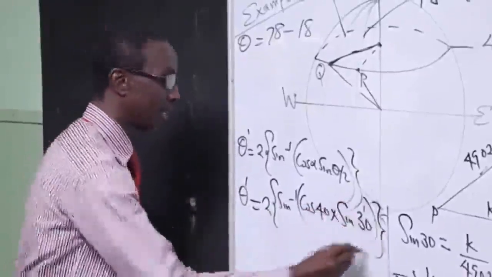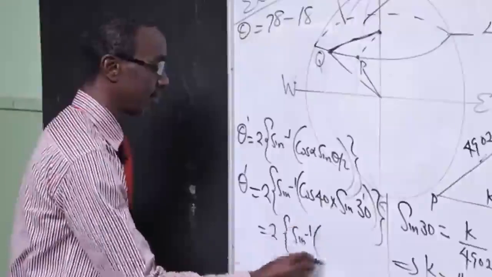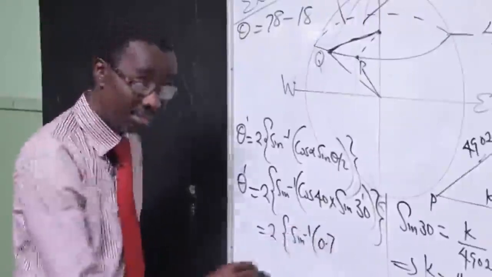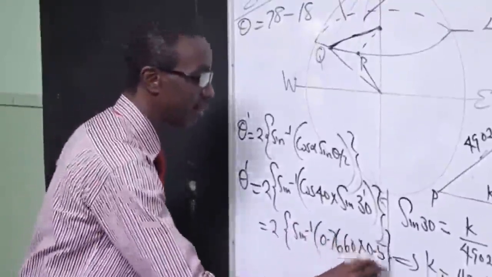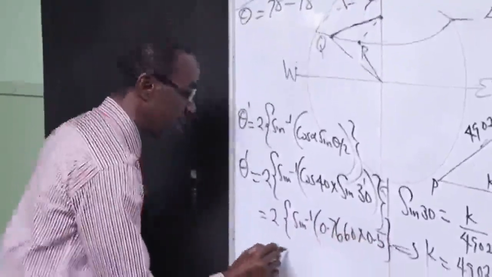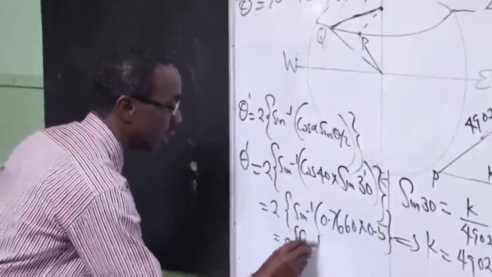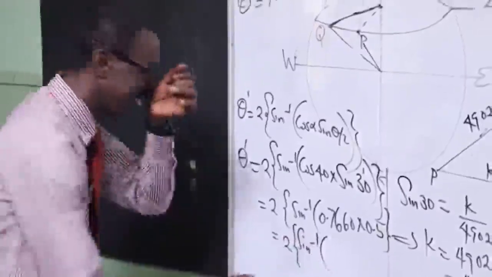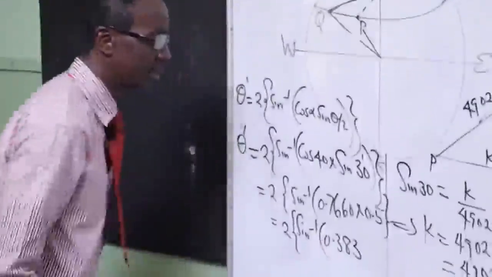So you have 2 into arc sine of 0.7660 times 0.5, which is 2 arc sine 0.383.